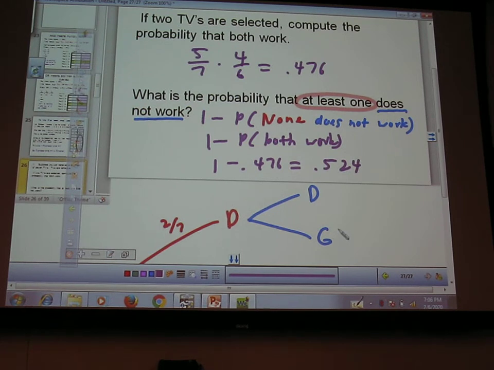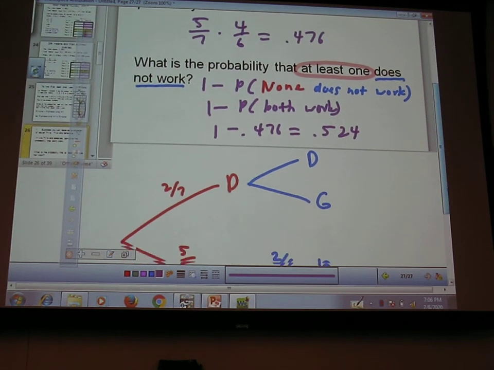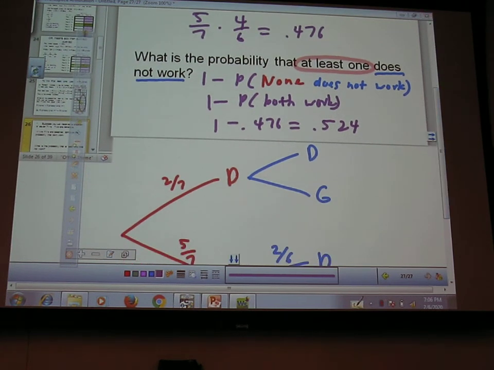Or 30 seconds, go. Yeah, but there's different answers. No, that's number 1.